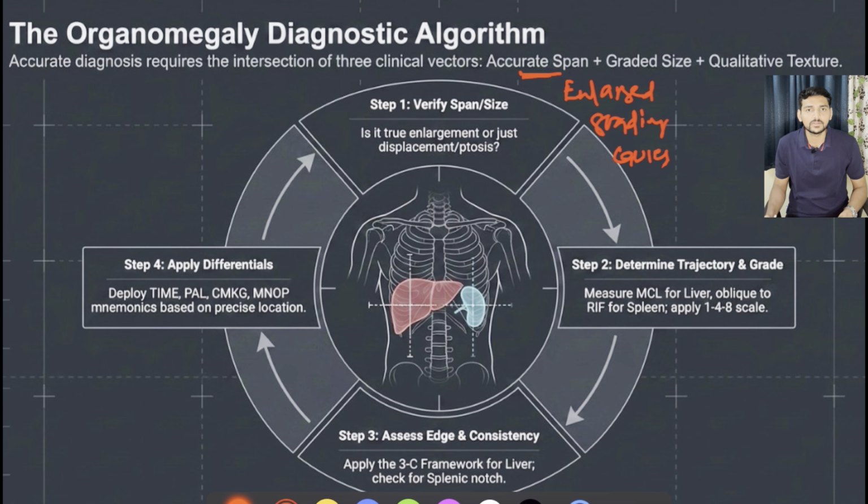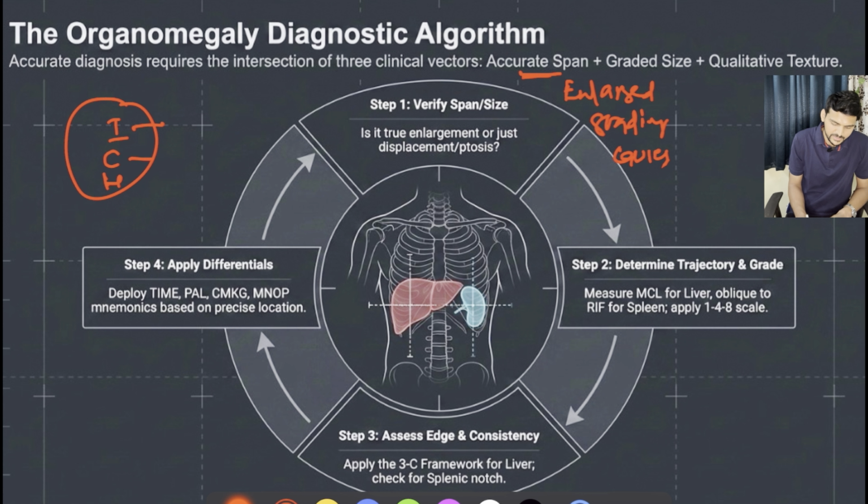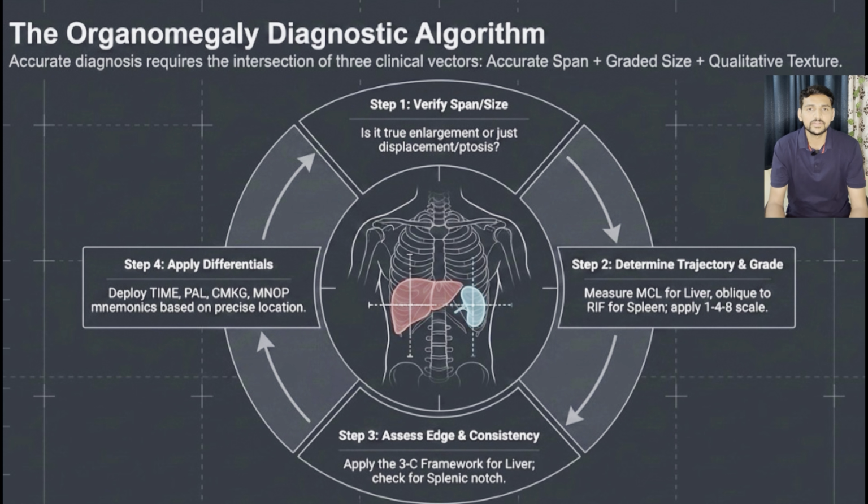And for causes, you can remember the mnemonics which are discussed in this video, or simply you can recall ICH: infection, infiltration, congestion and hemolysis or carcinomas. So this is the overall discussion regarding clinical examination related to organomegaly.